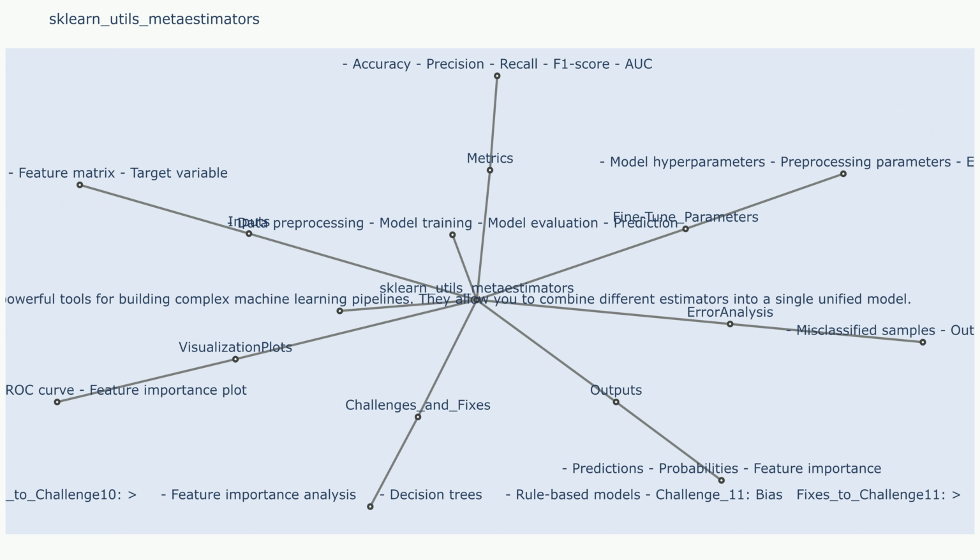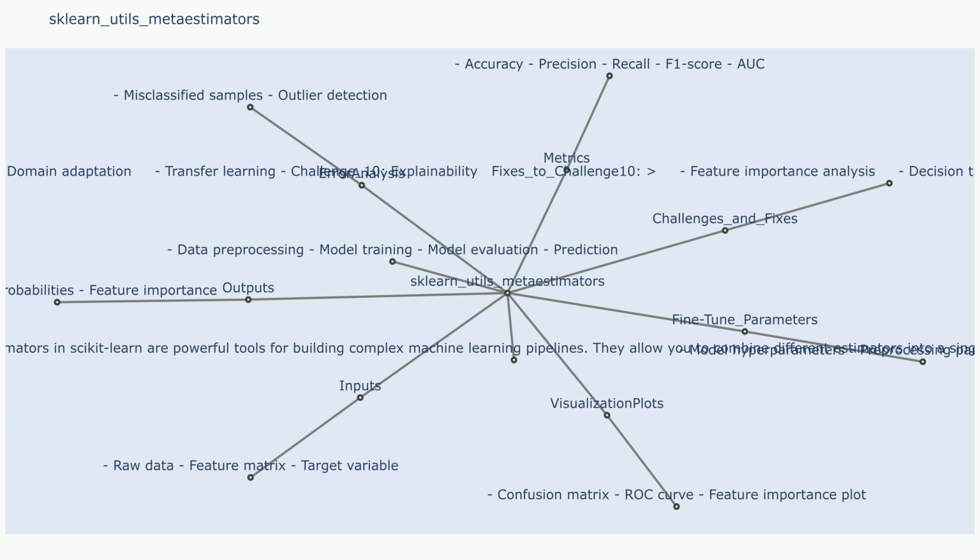Prediction: the trained meta-estimator is used to make predictions on new data, utilizing the trained underlying estimators and its own logic. Metrics: performance metrics, evaluation metrics relevant to the task, such as classification accuracy or regression error, are calculated to assess the effectiveness of the meta-estimator.